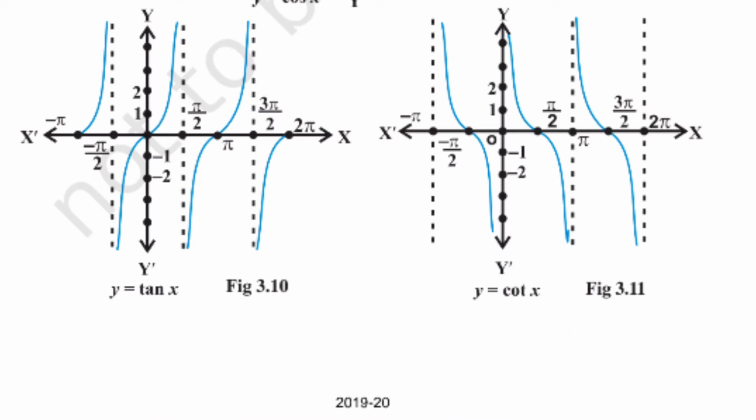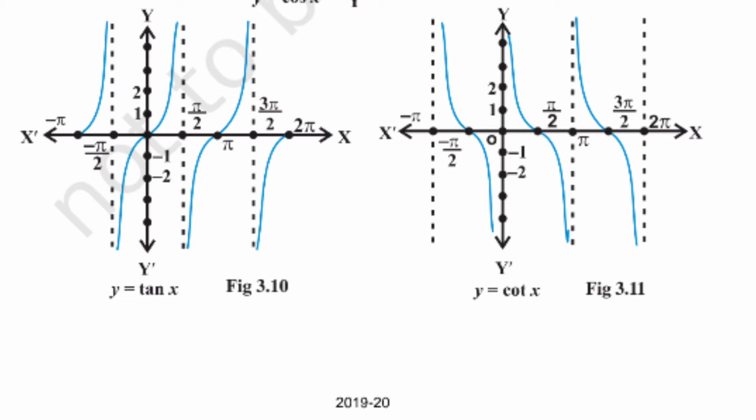Coming to the tan x graph, you can see that it's not a continuous graph. Sin x and cos x are continuous, they don't have any breakage. But tan x and cot x are not continuous graphs because they have different parts.